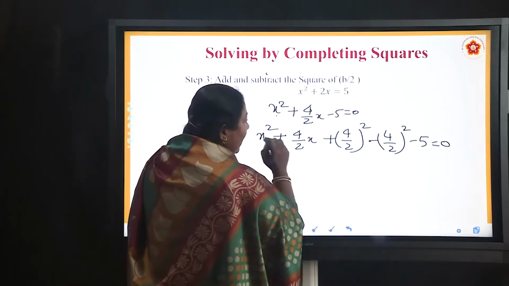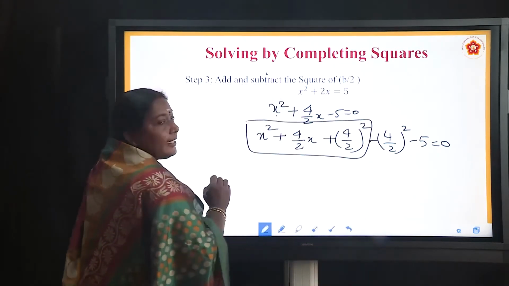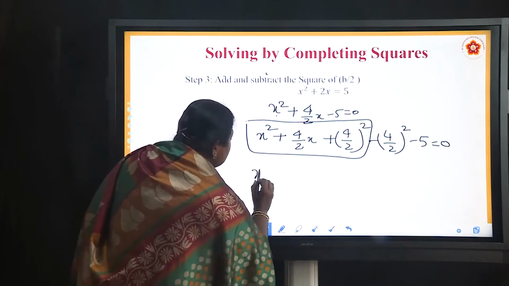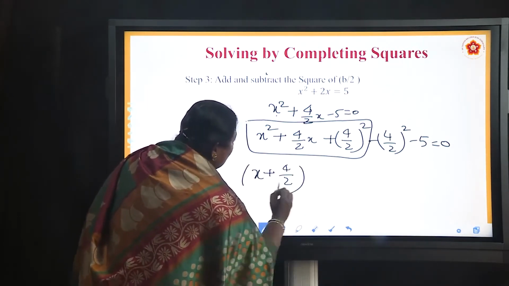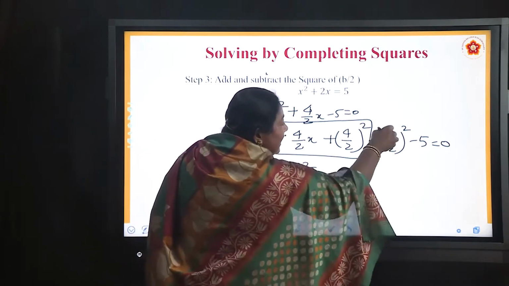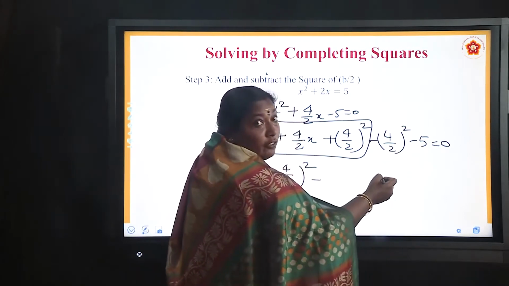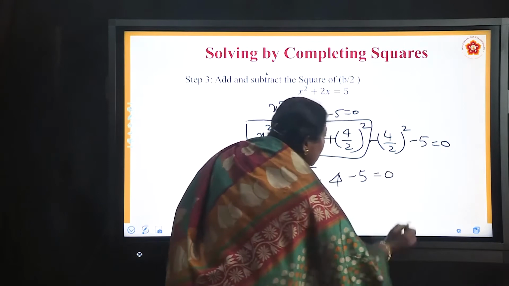Now here what we get, if we take all this, we will get a plus b the whole square formula. So it becomes x plus 4 by 2 the whole square. Now simplification of this, 4 4s are 16, 2 2s are 4, 16 by 4, 4. So 4 minus 5, which is equal to 0.